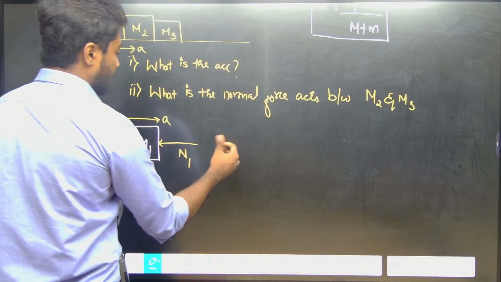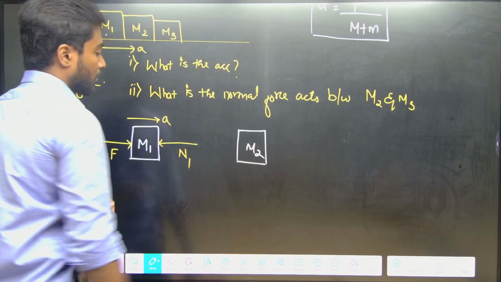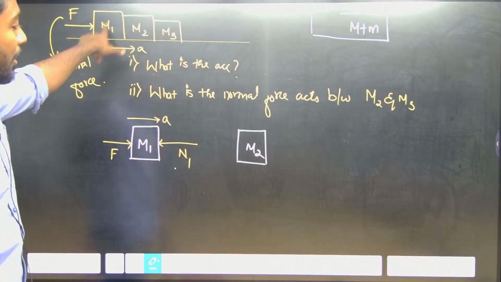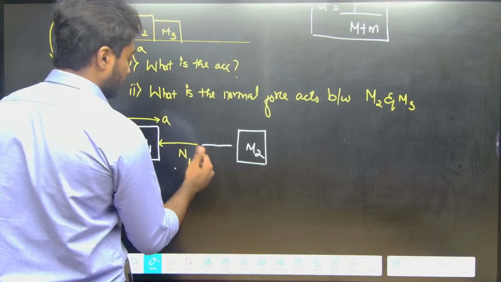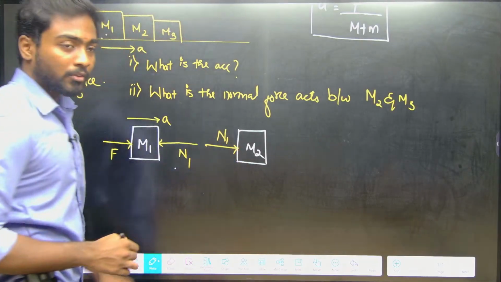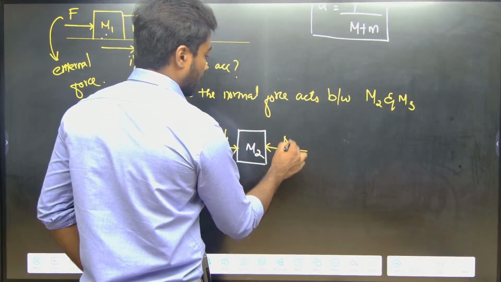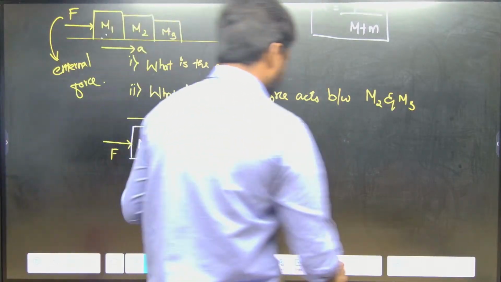The next one is M2. When I talk about M2, a normal force is there due to M1, and a normal force is there due to M3. So this is my N1, the normal force due to M1, and the other one is N2, the normal force due to M3, right?